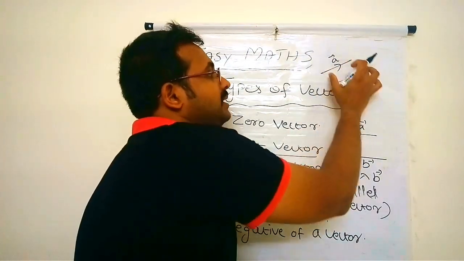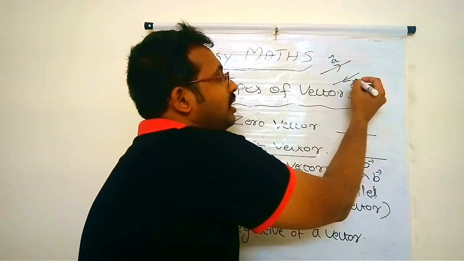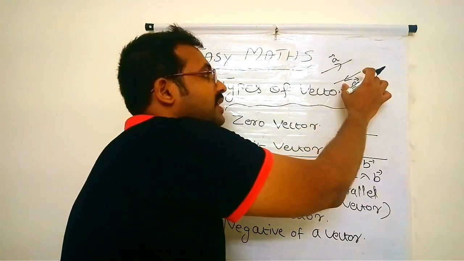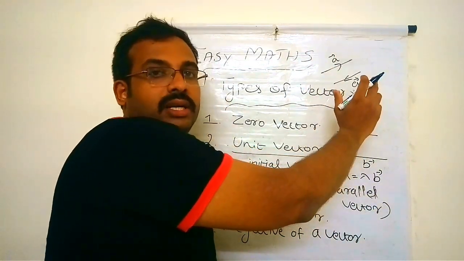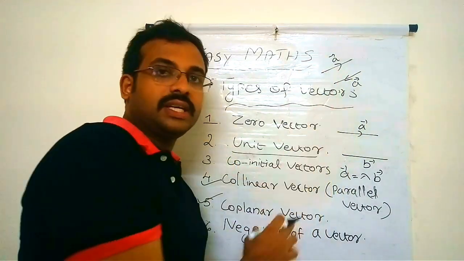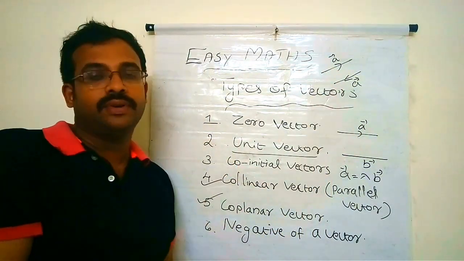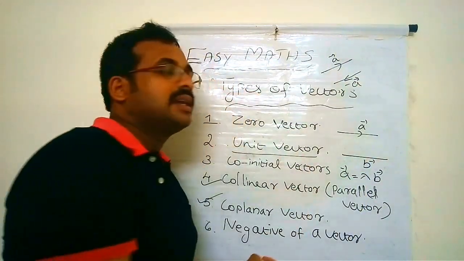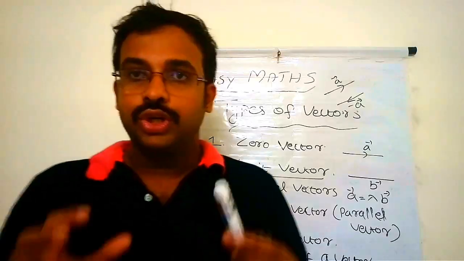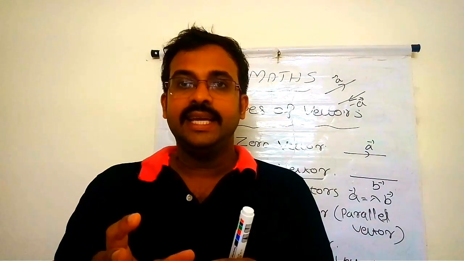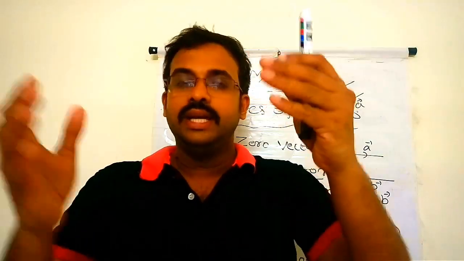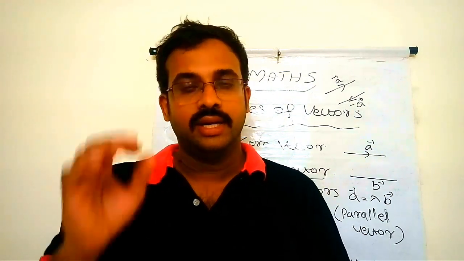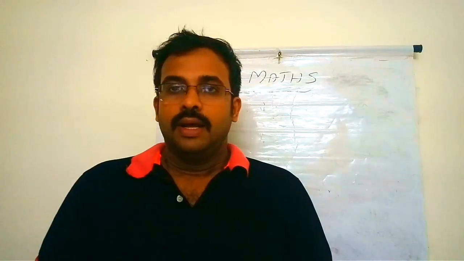If the magnitudes are the same and only the direction is different, then such vectors are called negatives of each other. We write this vector as minus A bar. Two vectors having the same magnitude that differ only by direction are called negative vectors.